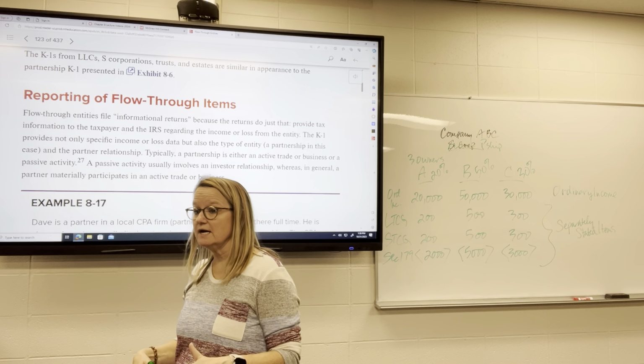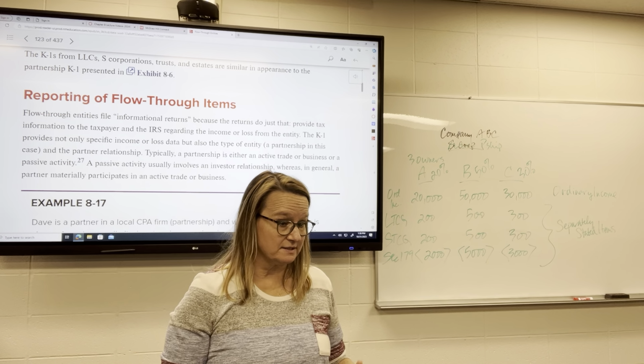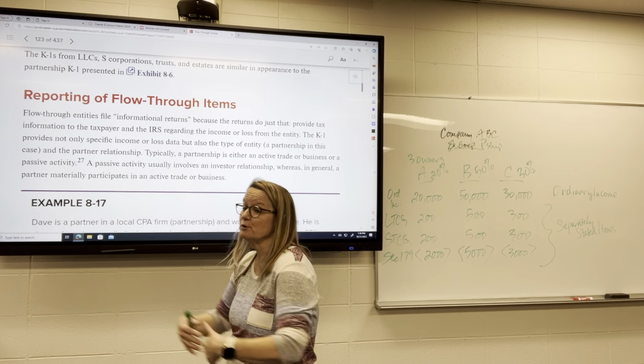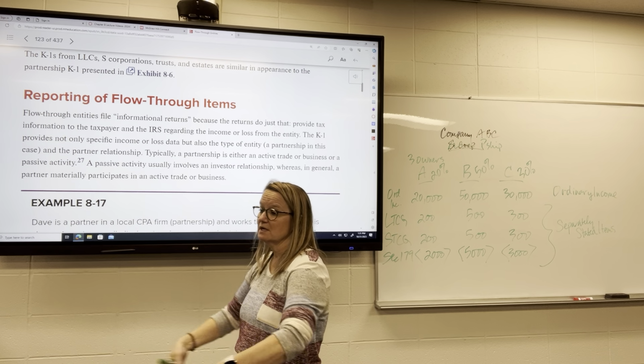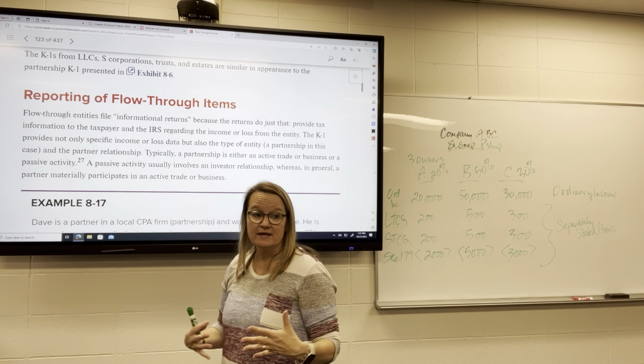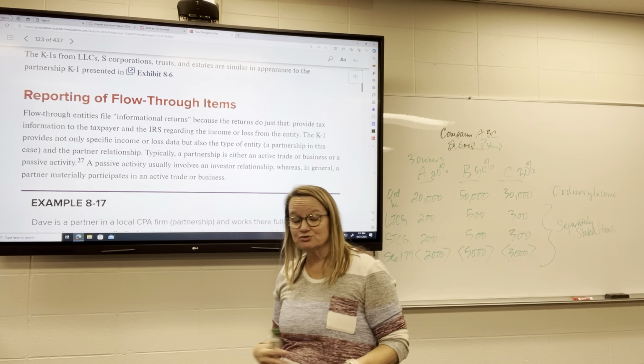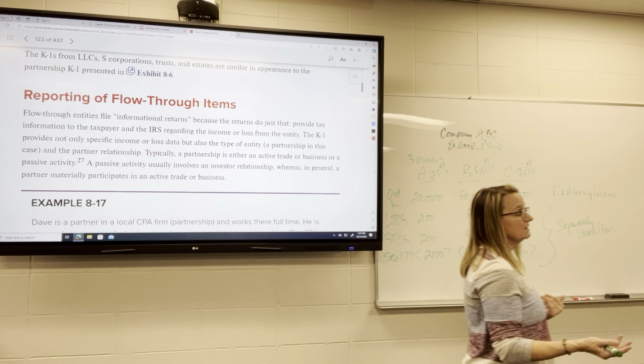It would be earned income and therefore subject to self-employment tax. If, however, they're just an investor, they just put money in and then they're getting payments out of it, then this would be considered investment income, okay? And the tax treatment of that is going to be different as well.